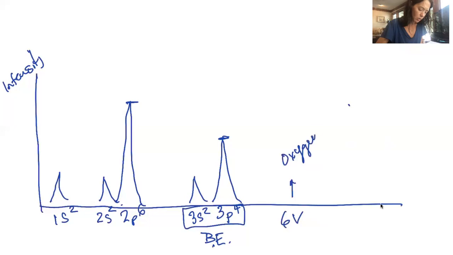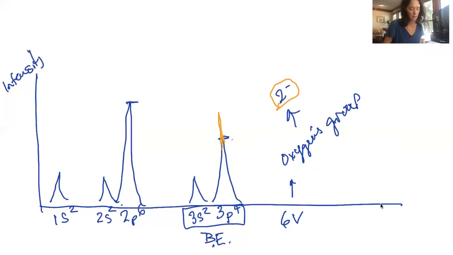That's oxygen's group. And oxygen's group has a 2 negative charge, right? So when I went to remove those 2 electrons, actually, that's not removing electrons, Miss Murphy, that's adding electrons, right? They would go right here, right? If I wanted to remove an electron, I would always remove the valence electrons first.